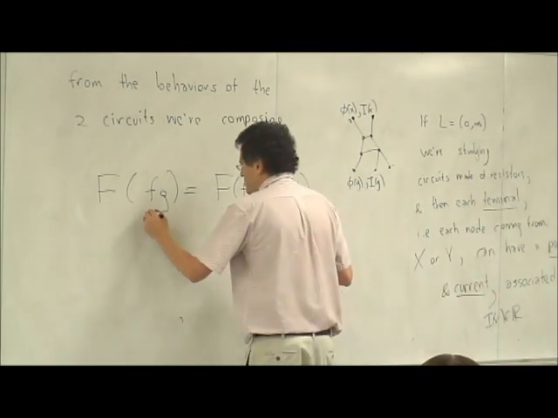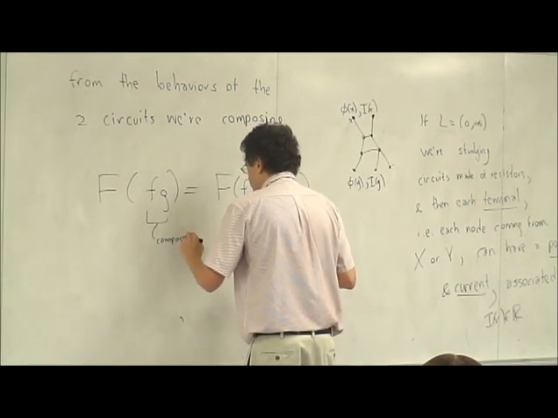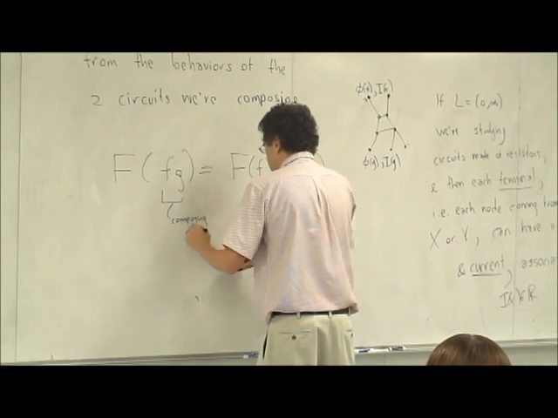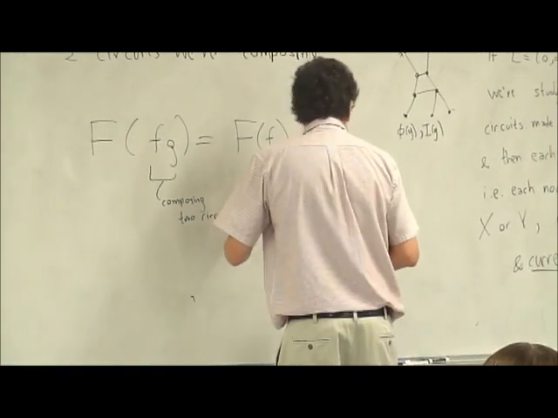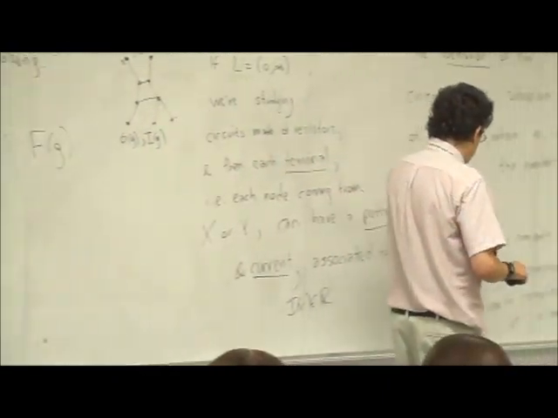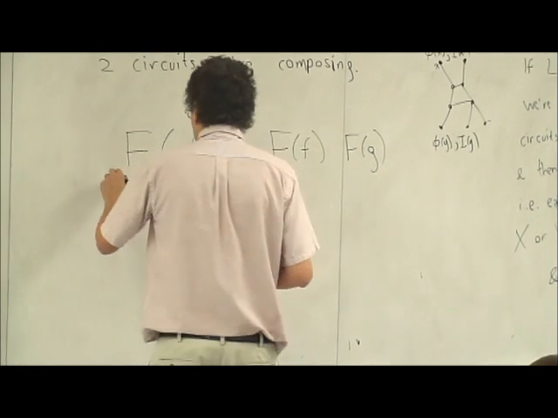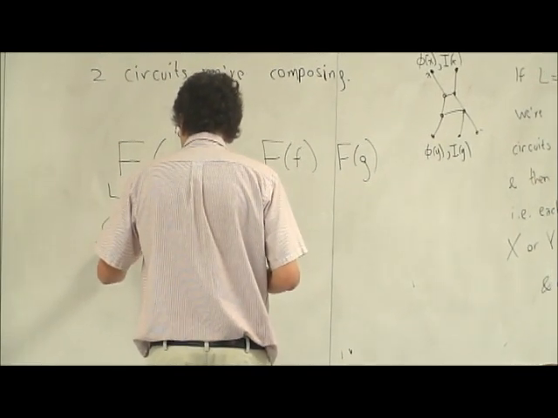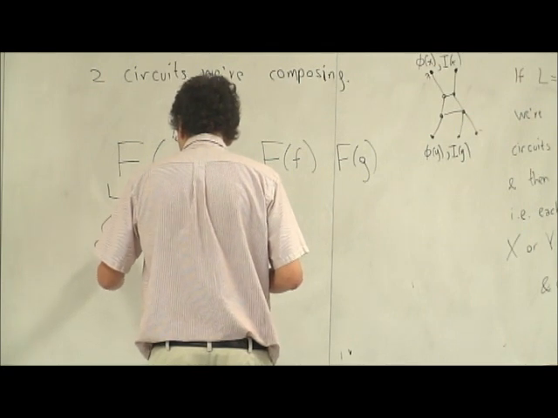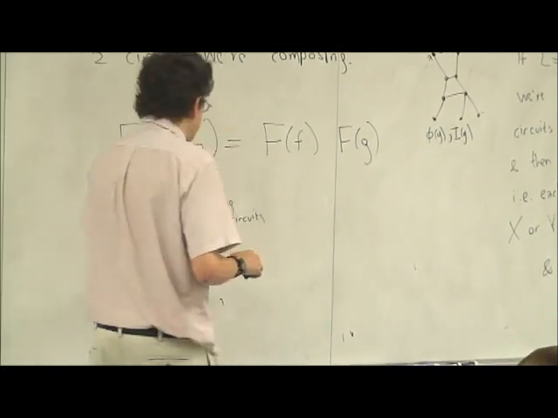So here what we're doing is we're composing two circuits, sticking together two boxes, and I have to describe in detail how that works. And then here we're computing the behavior of the result. And the nice thing is that it's equal to this.